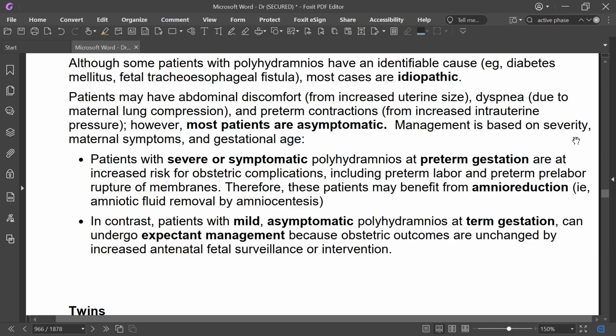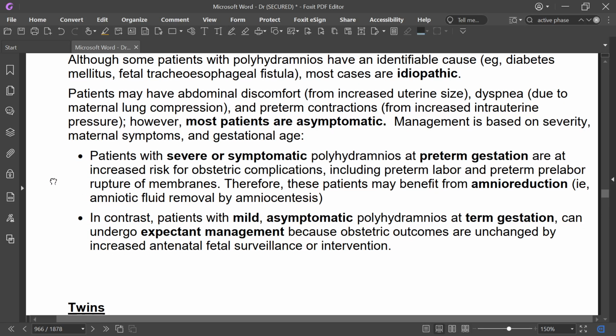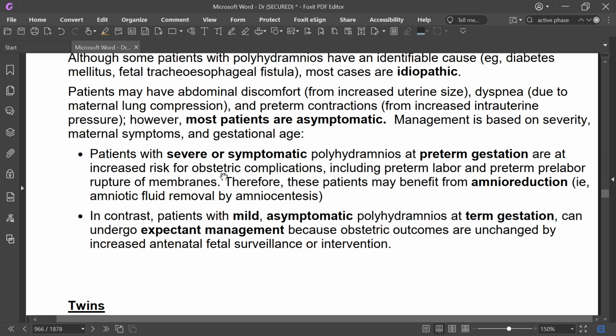Management is based on severity, maternal symptoms, and gestational age. Patients with severe and symptomatic polyhydramnios at preterm gestation are at increased risk of obstetric complications, including preterm labor and prelabor rupture of the membranes.